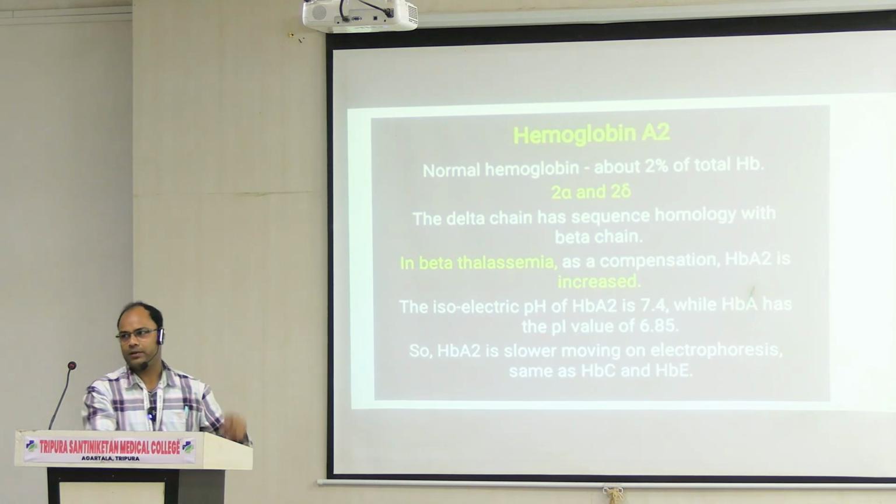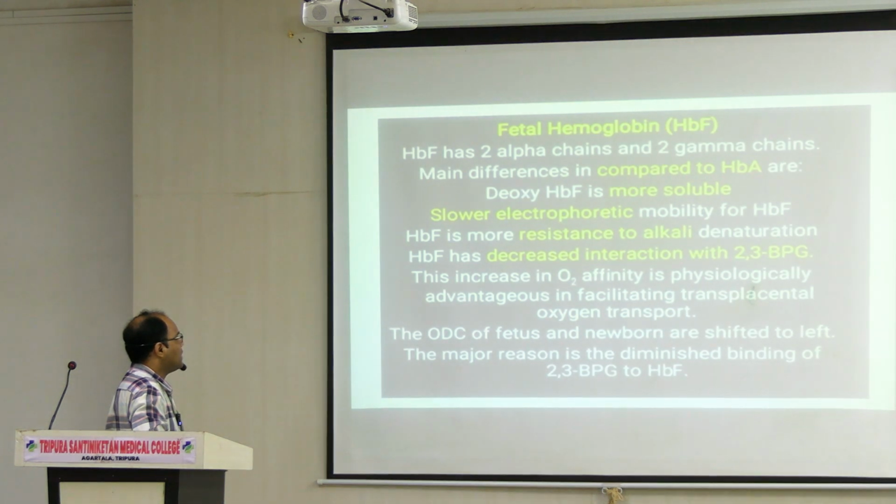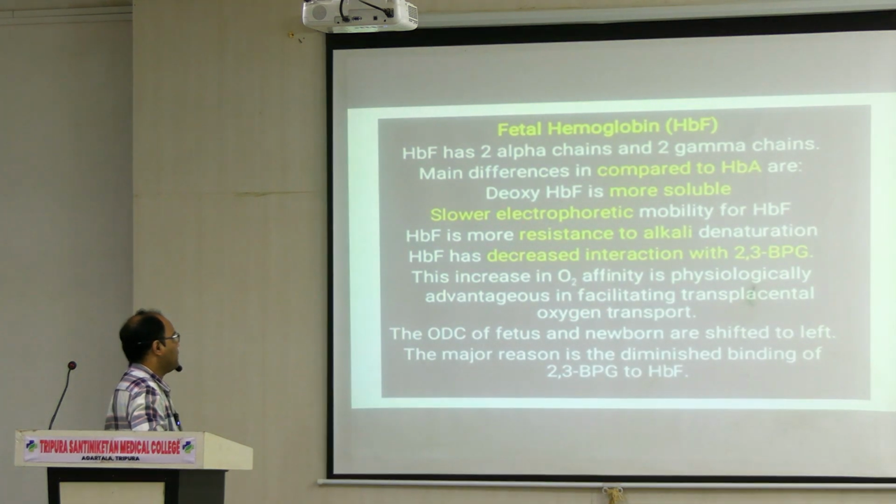This really happens. Fetal hemoglobin, HbF, has 2 alpha chains and 2 gamma chains, as I told earlier. The main difference compared to HbS: in the deoxy state, HbF is more soluble and has slower electrophoretic mobility.